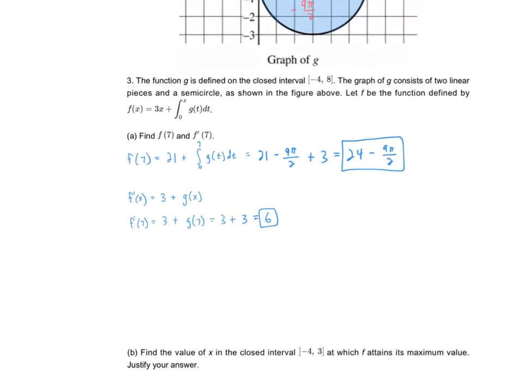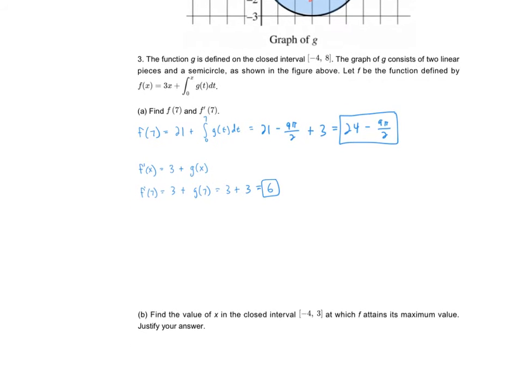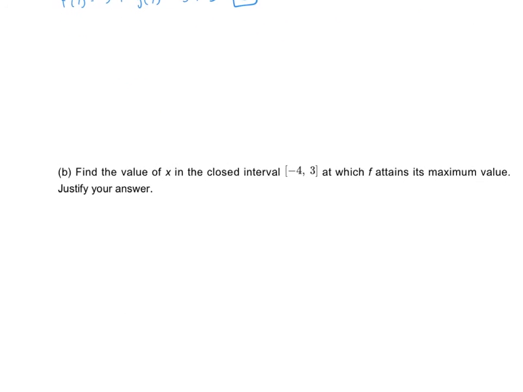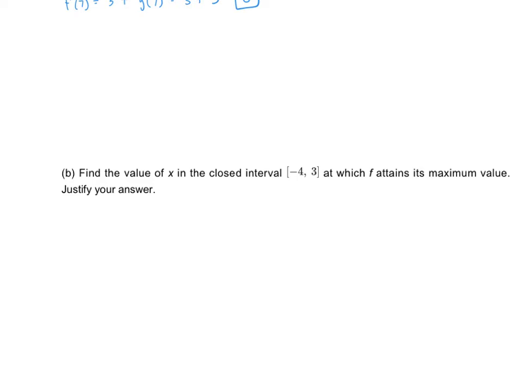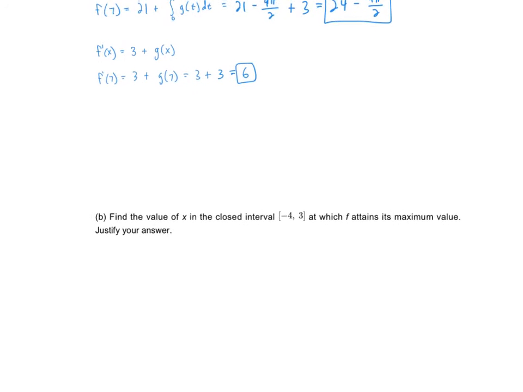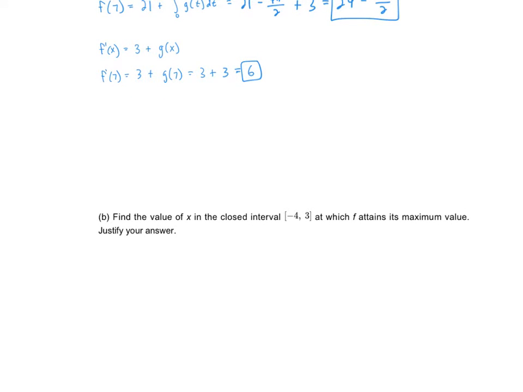To find critical points for any function, take the derivative, and we've already done that. So f prime of x is 3 plus g of x. Then we want to see where this is 0 or undefined.